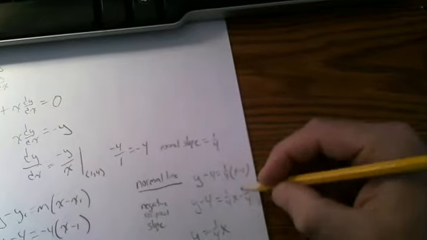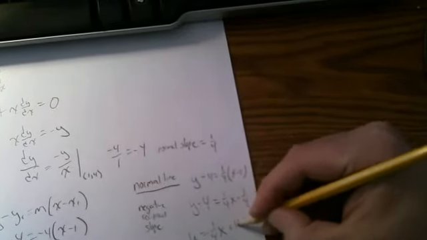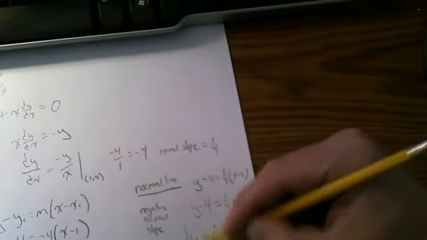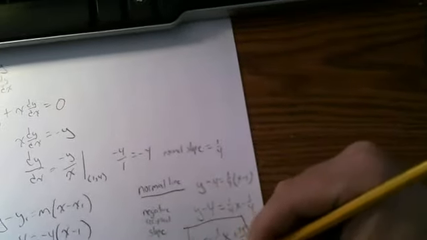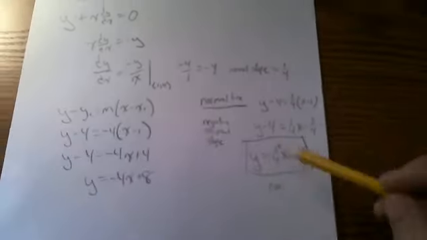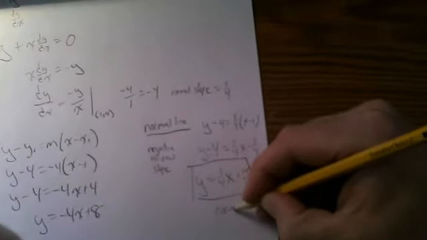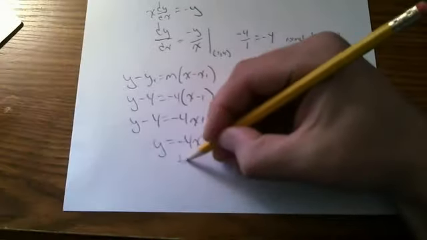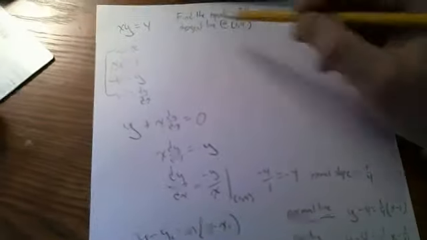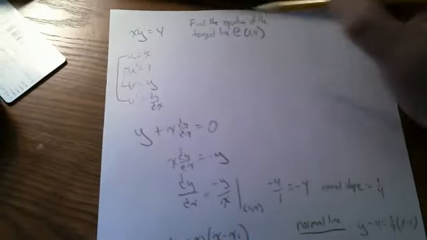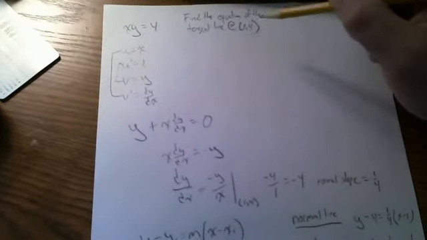We're adding 16/4 here, so 15/4. This is the normal line. And this is the tangent line. All at the point 1, 4 of the inverse variation hyperbola x times y equals 4.